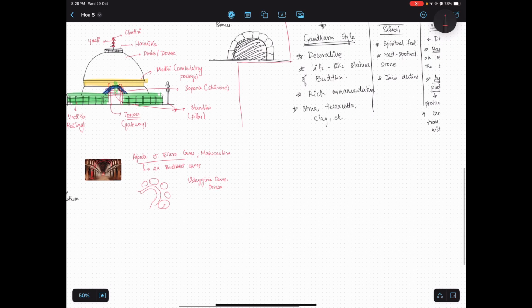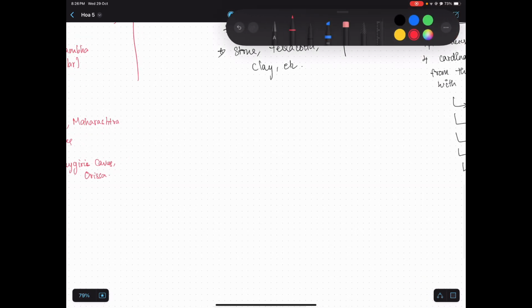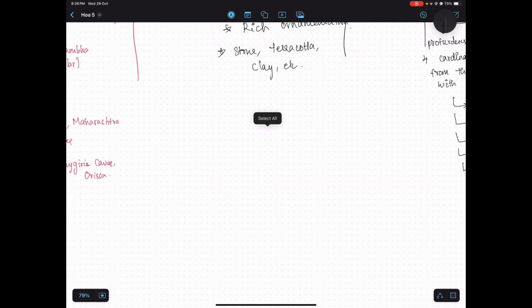Now we can talk about Vihara. So Vihara is the place where they stayed, and it was more rectangular or rectilinear or square. So it's rectilinear in plan.